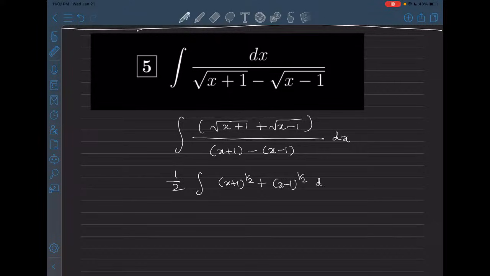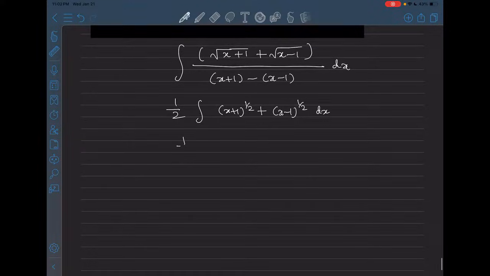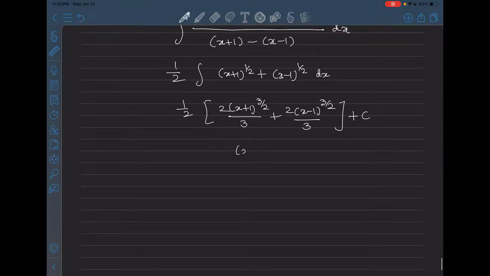Half, and then x plus 1 to the power 3 over 2 by 3 over 2 plus x minus 1 to the power 3 over 2 by 3 over 2 plus c. So the answer is x plus 1 to the power 3 over 2 by 3 plus x minus 1 to the power 3 over 2 by 3, plus c.